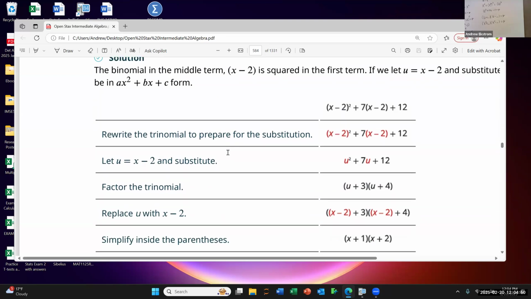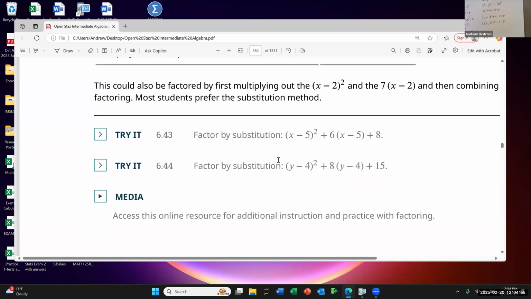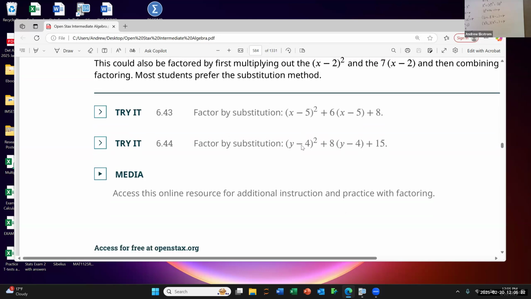It all follows the same pattern. So again, instead of x minus 5 squared, we'll have u squared plus 6u plus 8. Factor that. What are some factors of 8 that when you add them together gives you 6? You'll end up with u plus 2 times u plus 4. Back substitute x minus 5 in for the u, combine, and you're done.